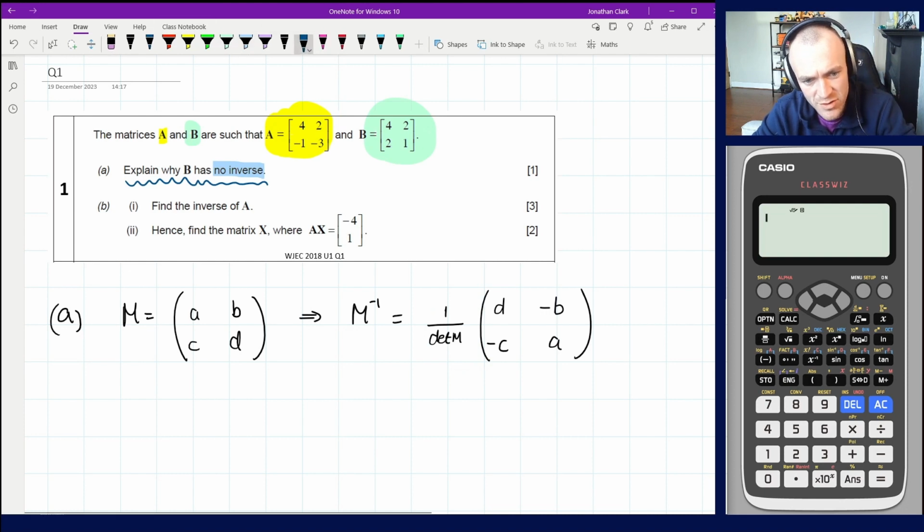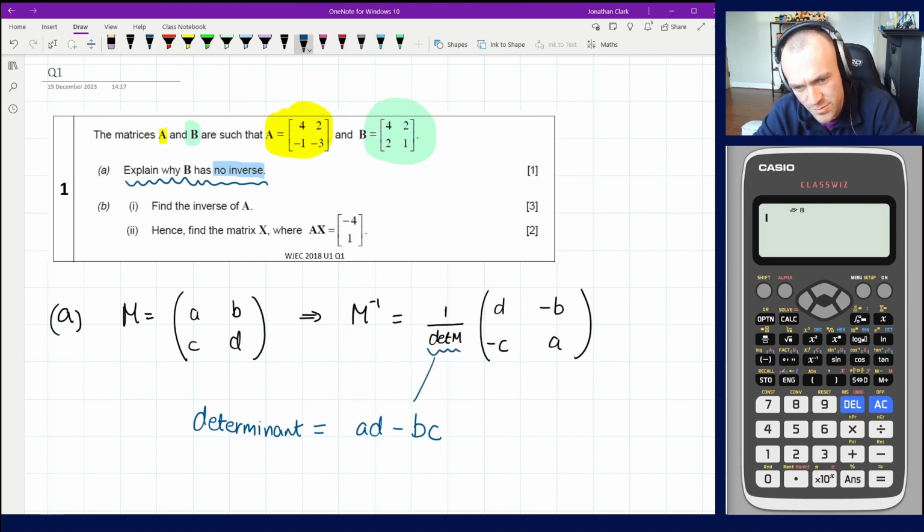You might remember that the determinant of a matrix is given by ad minus bc, so that's what goes in here. The one thing that we can't divide by is 0.